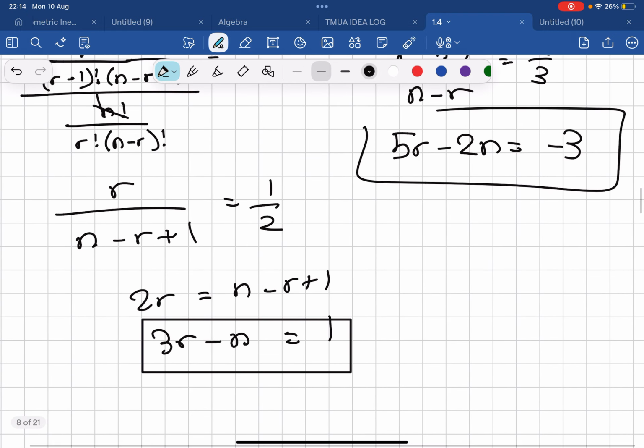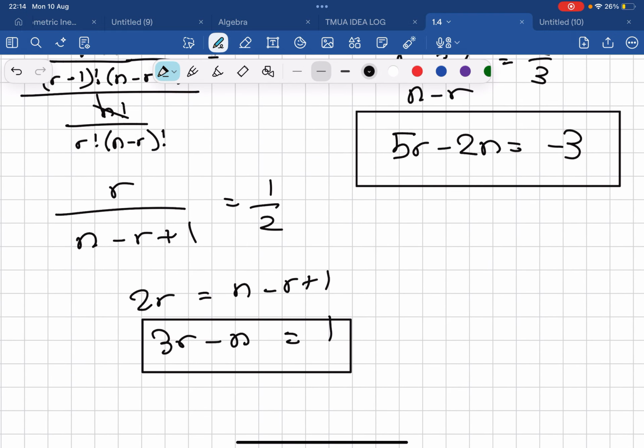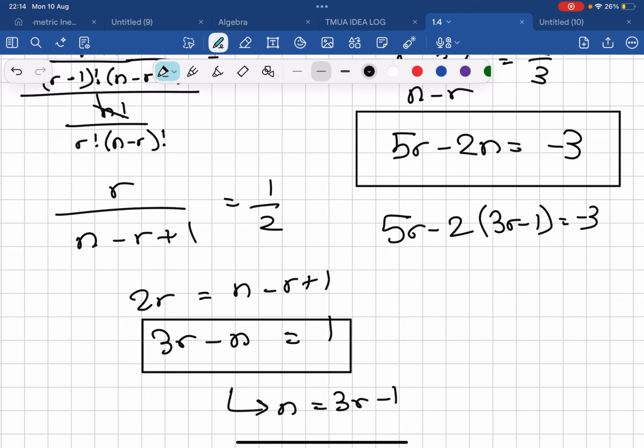Now we've got 2 simultaneous equations in terms of r and n, and we want r. So let's rearrange this for n equals 3r minus 1. Chuck that in there, 5r minus 2(3r minus 1) equals minus 3, 5r minus 6r plus 2 equals minus 3, r would equal 5.